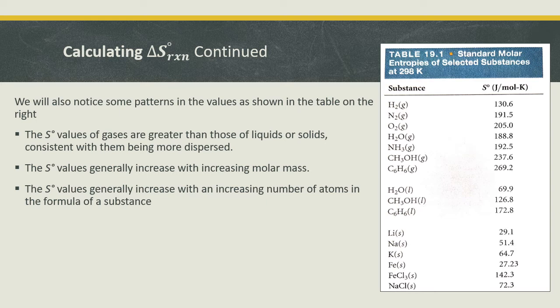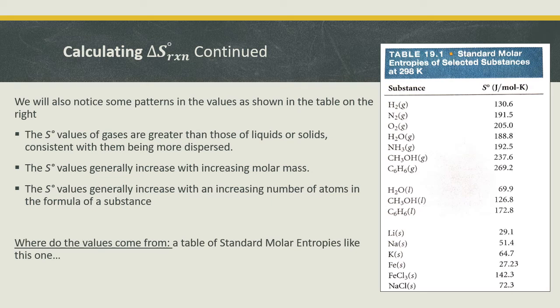And then the values generally increase with an increased number of atoms in the formula. So when we have more atoms, we've got more arrangements possible of them because some molecules can arrange themselves in multiple ways. So we get more entropy in those substances.